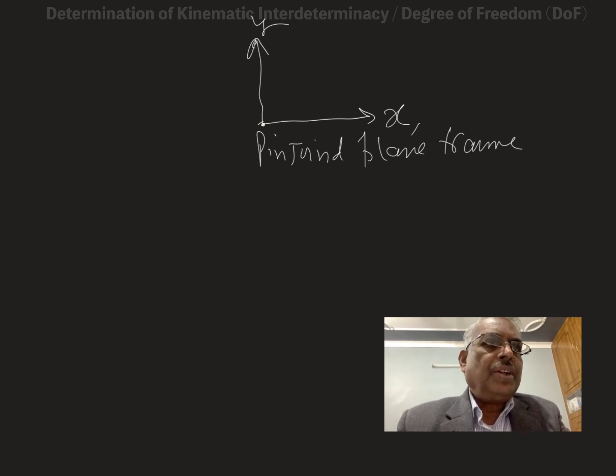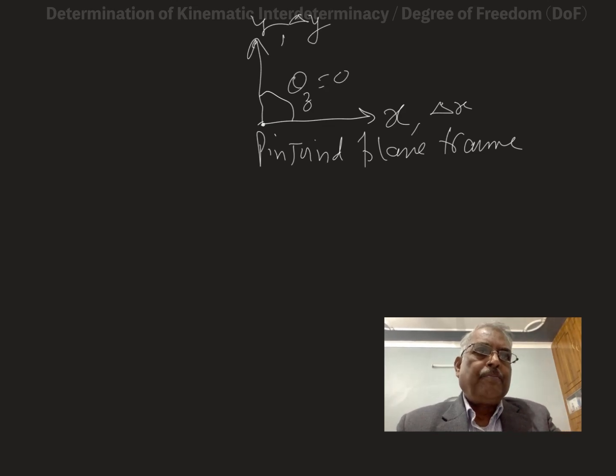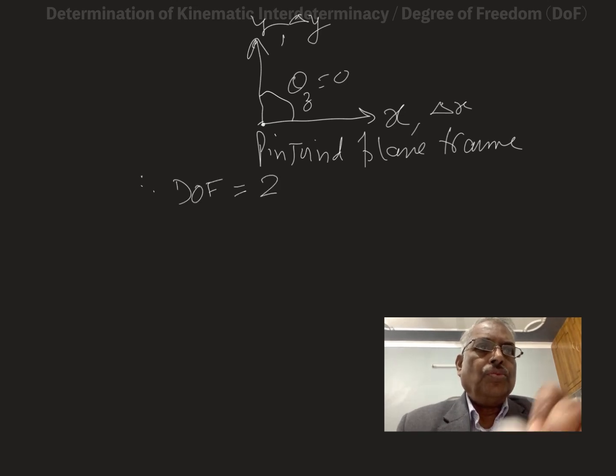There will be extension in the X direction, there will be extension in the Y direction. As it is pinned, there will be no rotation at the joint and that will be 0. So the degree of freedom for this is 2: in the direction of X, delta X, and in the direction of Y, delta Y.